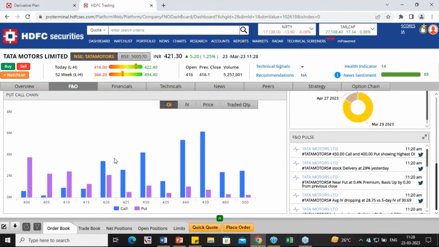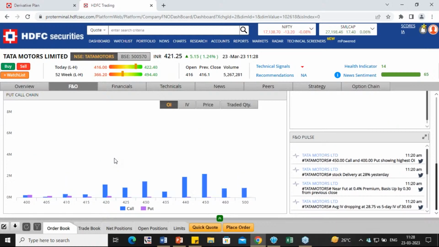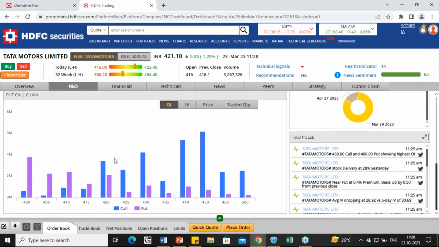It is in numerical form and can be confusing, because the open interest number moves in crores. That's why we have given charts of open interest, so you can easily find out.